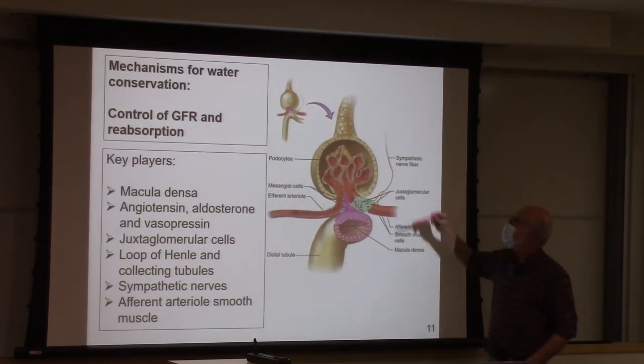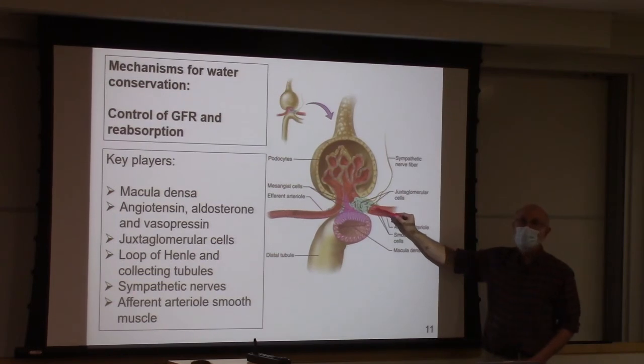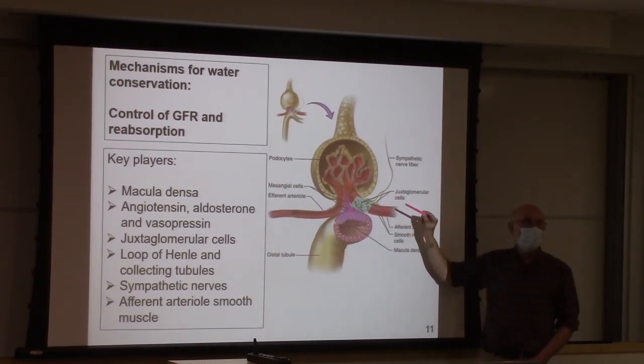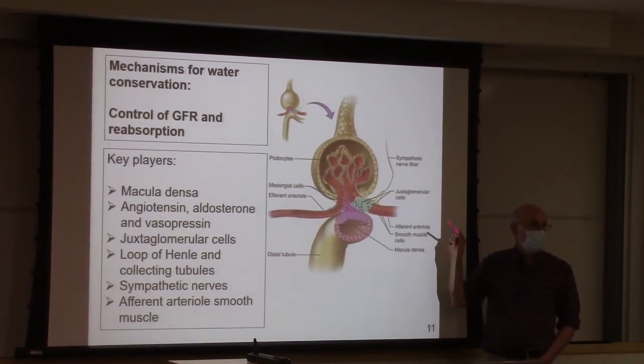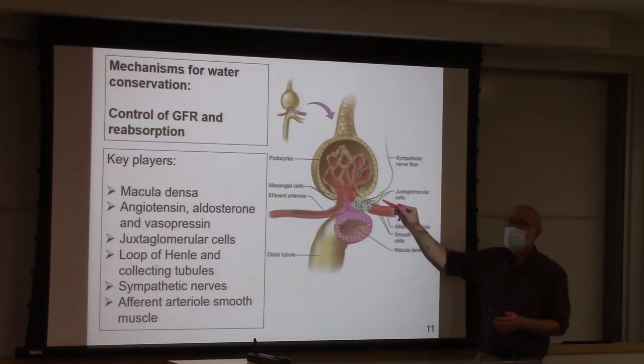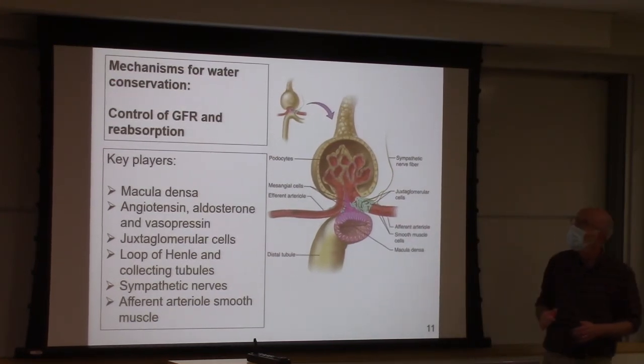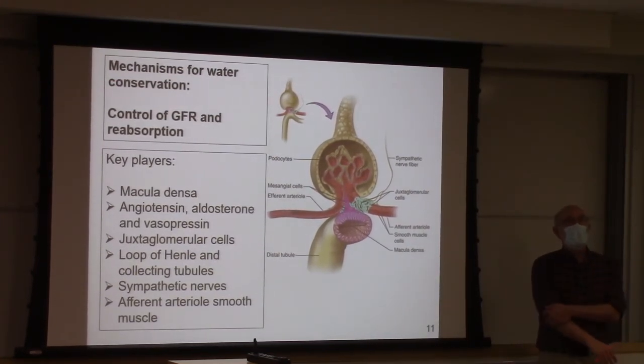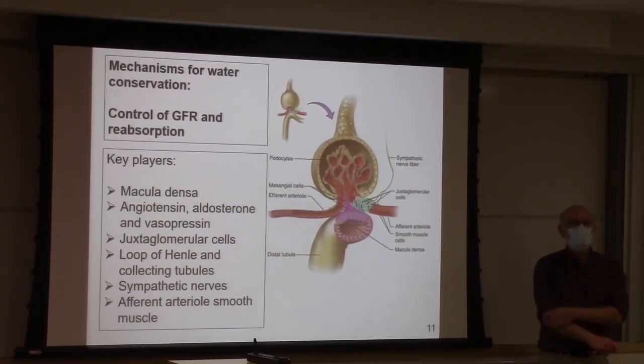At the same time, the sympathetic nervous system is constricting the afferent arteriole. So I should have said this upfront. When I talk about low flow and constricting of the afferent arteriole, are we talking about a highly hydrated situation, or a highly dehydrated situation?